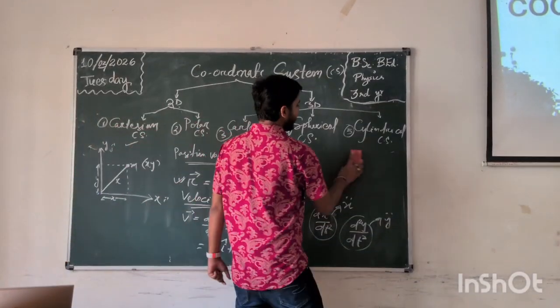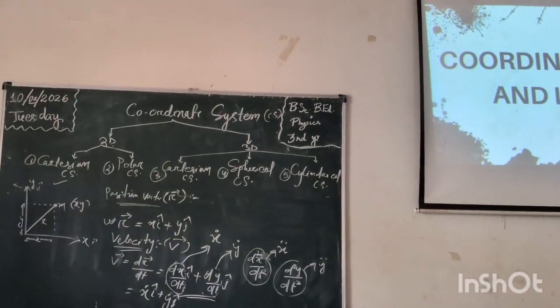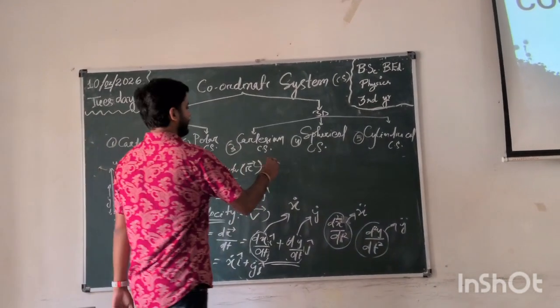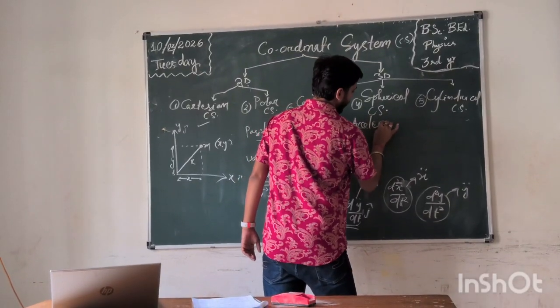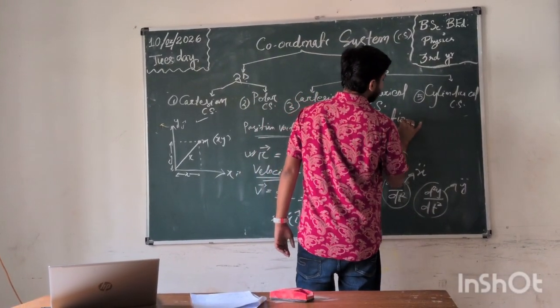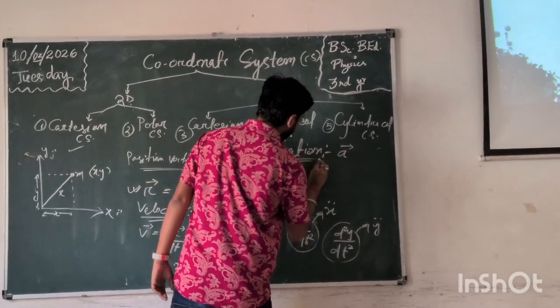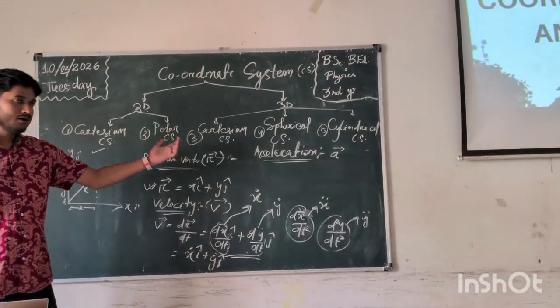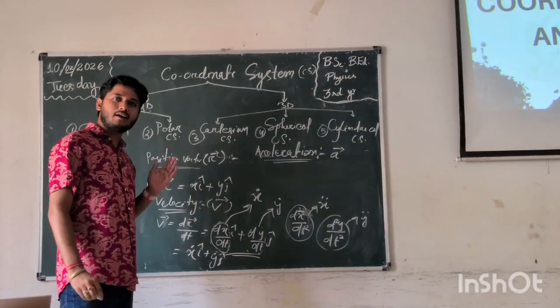Then next is our acceleration. For the acceleration a vector, what can we write? What is acceleration, if we have the position vector and velocity vector?